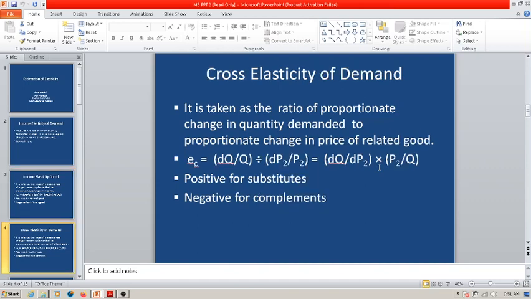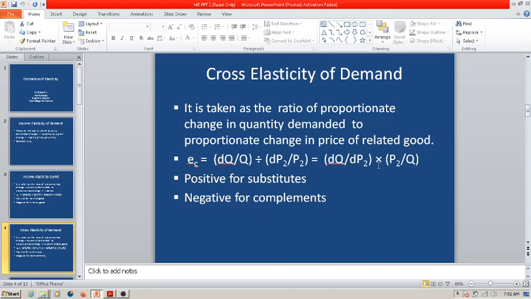Now coming to the cross elasticity of demand. It is taken as the ratio of proportionate change in quantity demanded to a proportionate change in the price of a related commodity.